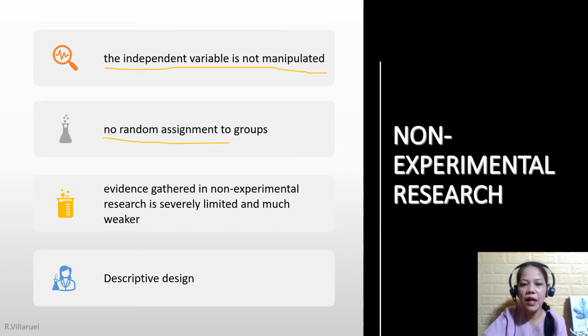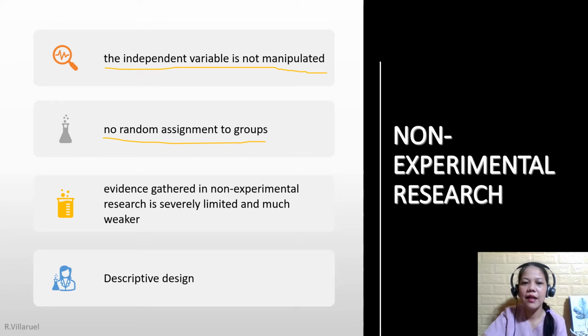Next, no random assignments to groups. When we talk about random assignment, it is the process by which researchers select individuals from their total sample to participate in a specific condition or group, such that each participant has an equal chance of being assigned to each of the groups or conditions.